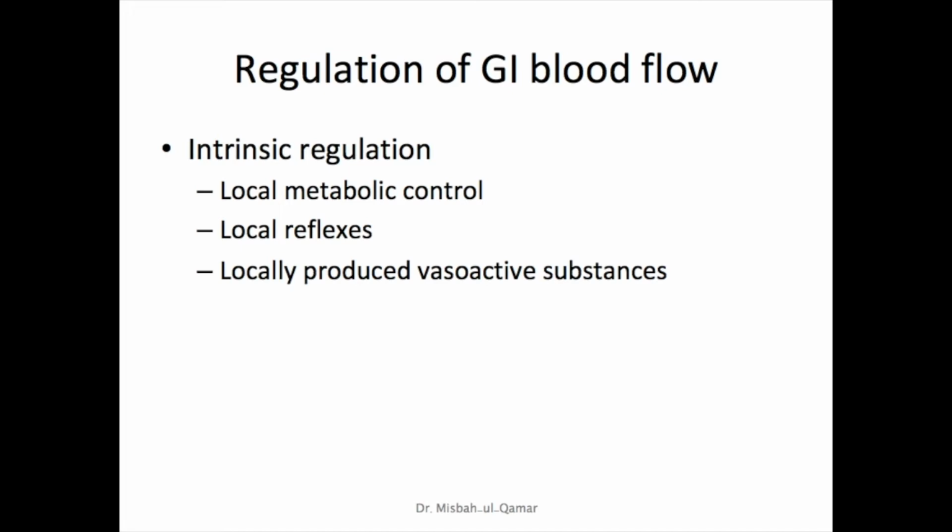Here, local metabolic control responds by local vasodilators, for example, decreased oxygen and increased cellular metabolism. Other intrinsic factors include local reflexes, which occur as a response to the presence of luminal contents. And then there are locally produced vasoactive substances like gastrin, secretin, and cholecystokinin.